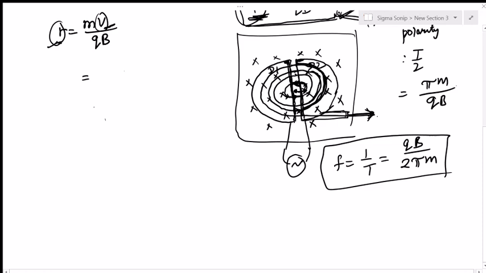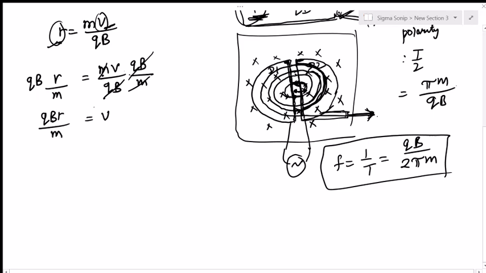We can get rid of this m by dividing by m, but we do that on both sides. Then I want to get rid of this qB, so I multiply with qB on both sides. That cancels out, and what I'm left with is v is equal to qBr over m.